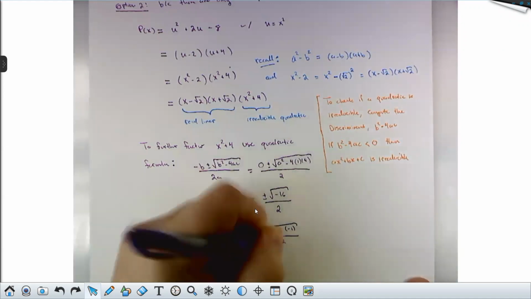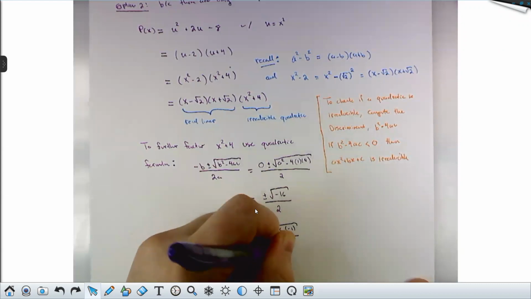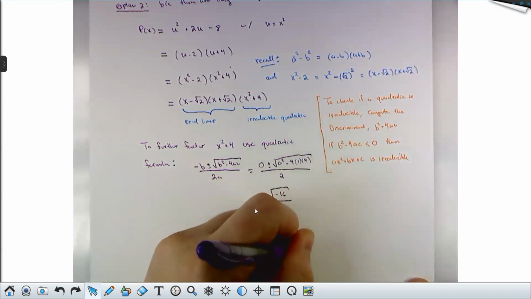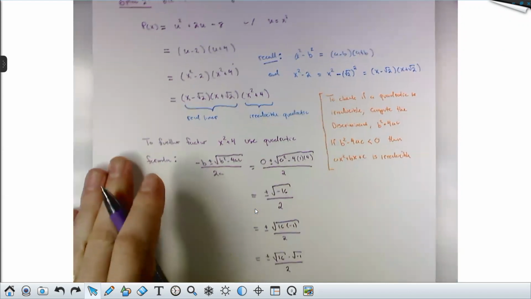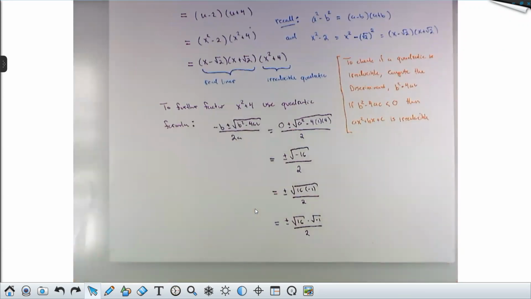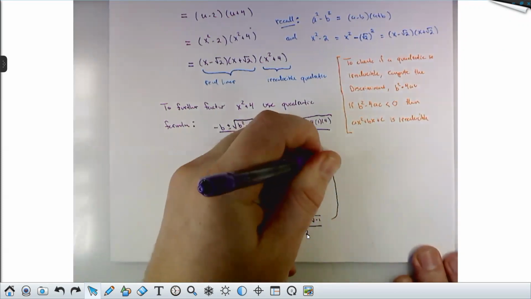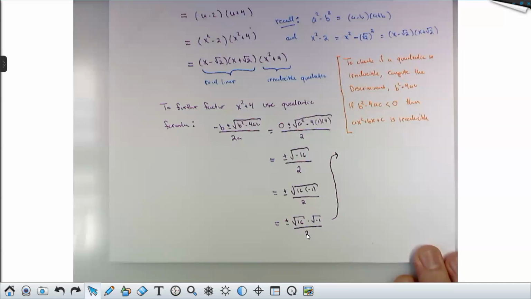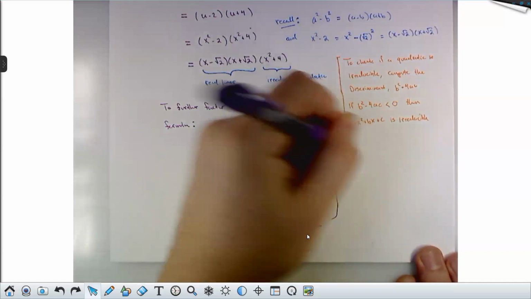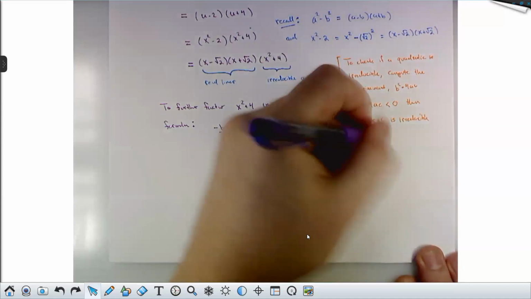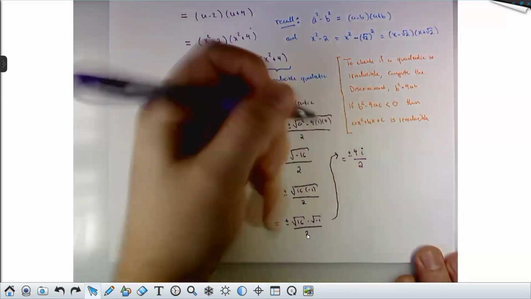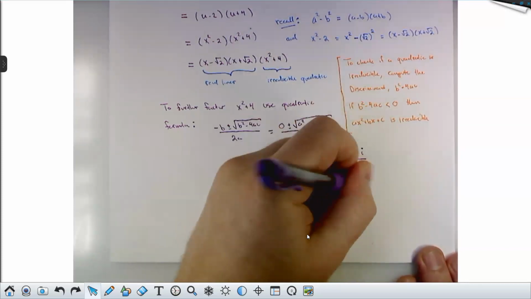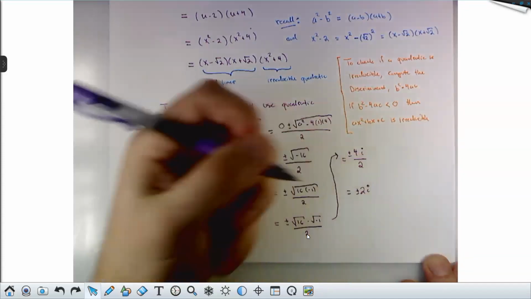Square roots don't play nice with addition or subtraction, but they do play nice with multiplication and division. So I have plus and minus the square root of 16 times the square root of negative 1, all over 2. The square root of 16 is 4. The square root of negative 1 is i. And all of this is being divided by 2. And then 4 divided by 2 is 2. So this is plus or minus 2i.